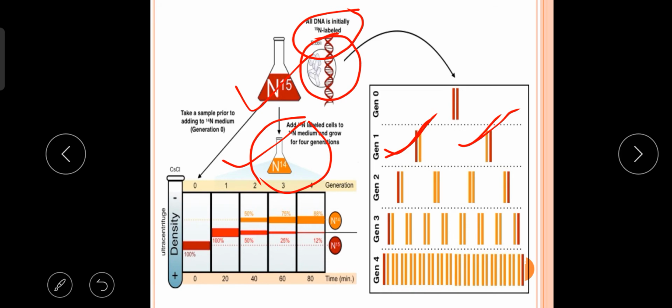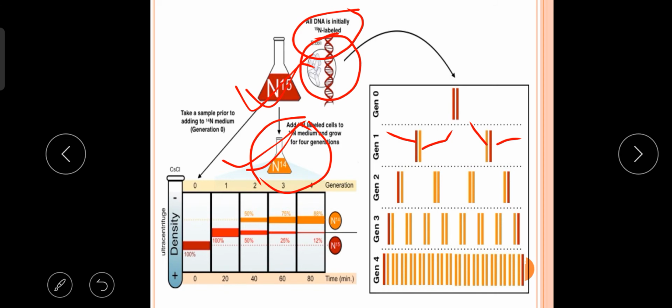Yes, here you can see clearly, when they transfer the bacteria from nitrogen 15 to nitrogen 14, after the first generation they observe that in the newly produced DNA molecule, one strand is the new, which is 14N, the orange color, and the red color one is the 15N. In both DNA molecules, the red one is the 15 and the orange one is the 14.